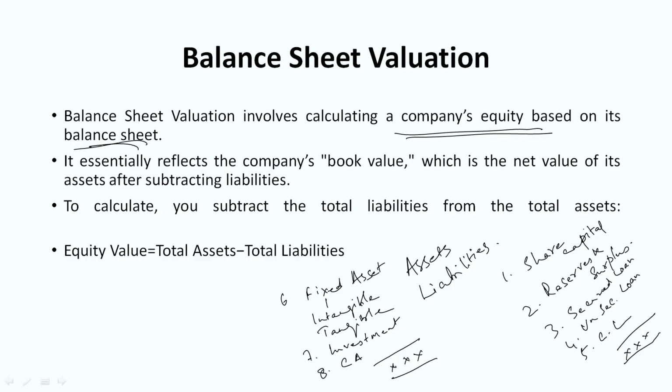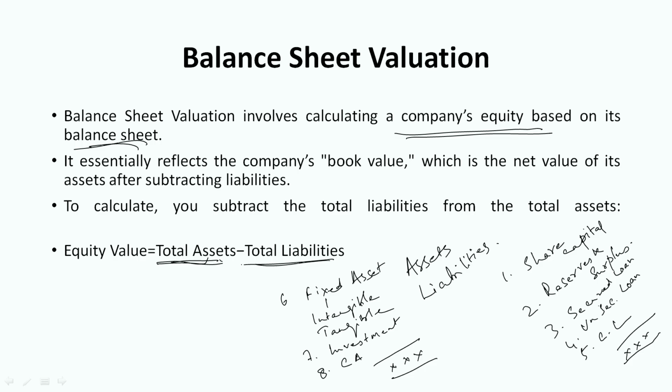How do I find the value of the company's equity, how much equity is there? If I am going to deduct total liabilities from total assets, what are the total liabilities I have?